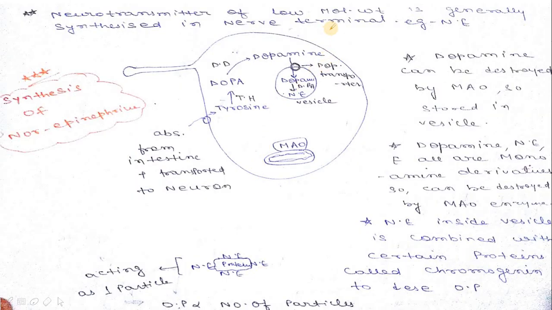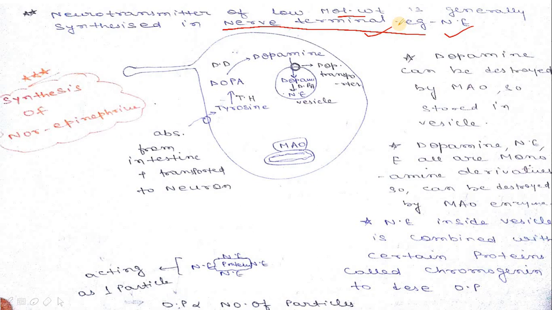So this was the basics of adrenal sympathetic nervous system activity, which we discussed in our previous slide. Now, neurotransmitters of low molecular weight, such as norepinephrine, are generally synthesized in the nerve terminal. Some neurotransmitters are also synthesized in the cell body, but these are synthesized in the nerve terminal.